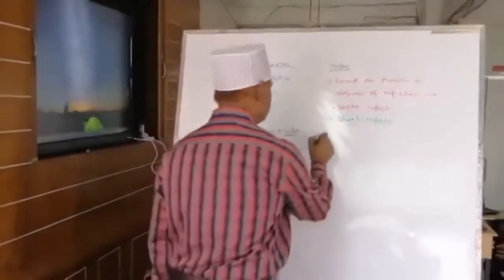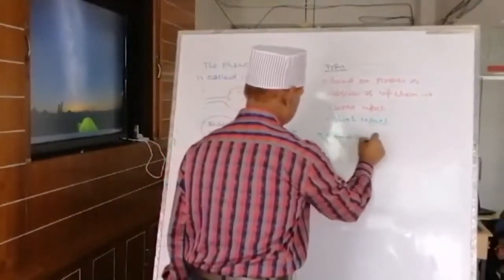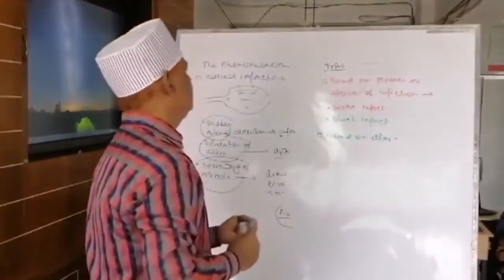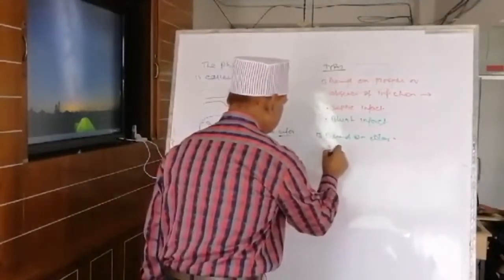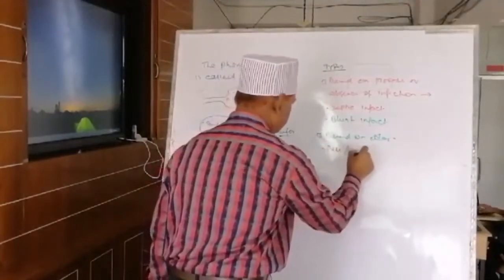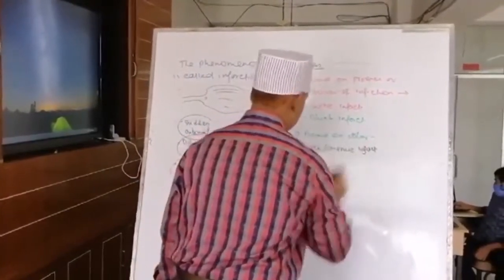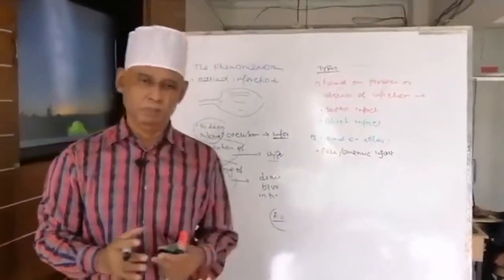Now come to based on color. Based on color, infarct may be pale or anemic. The first one is pale infarct or anemic infarct.